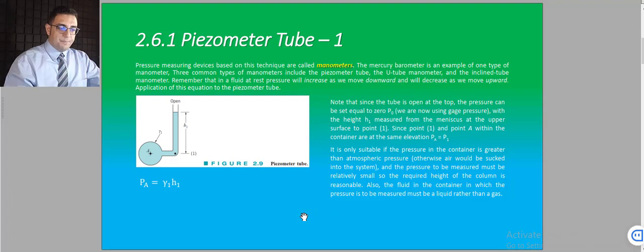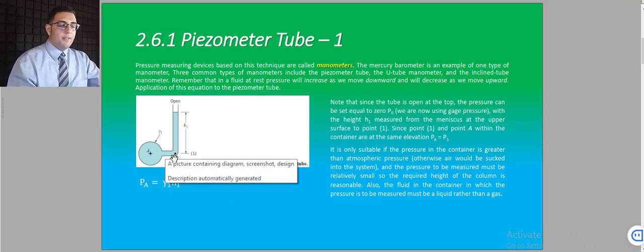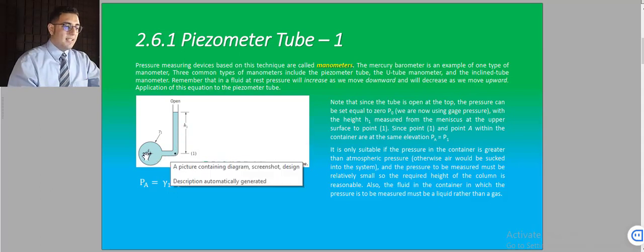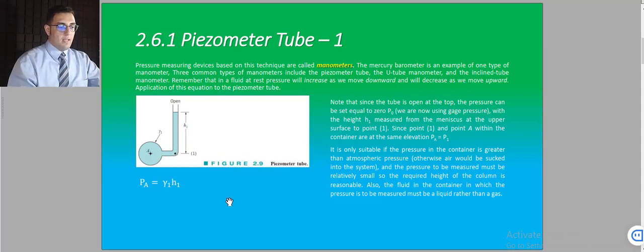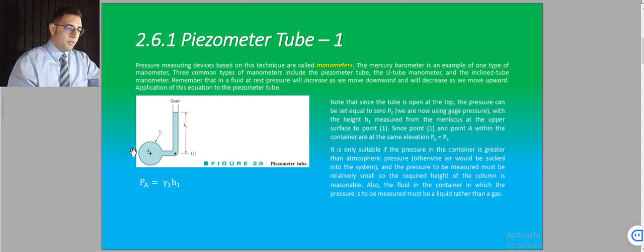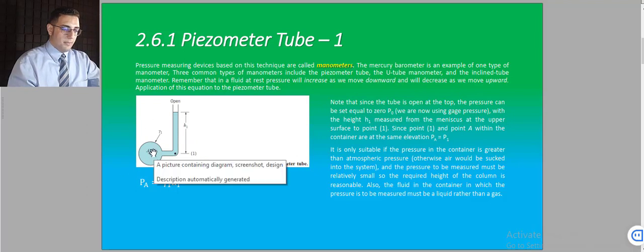A piezometer is only suitable for pressures greater than atmospheric pressure, unless atmospheric pressure is going to be sucked in here. This means that if we have a PA less than P atmospheric, the P atmospheric is going to be sucked all over this area and fill this area.